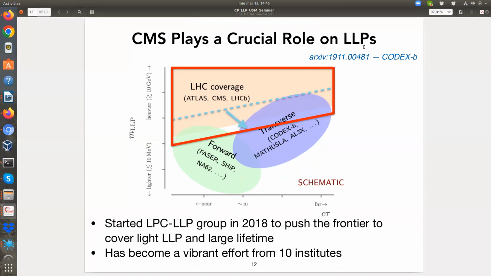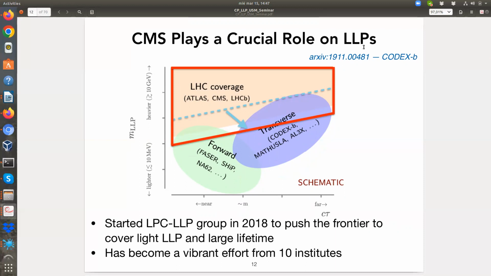This is the history: in 2018, we started this program at Fermilab, which we call the LPC, for the LHC Physics Center, and the LLP group, in which we have a bunch of universities, including USM, which has recently joined. It takes a lot of effort to build all this analysis because of the tools that you need.